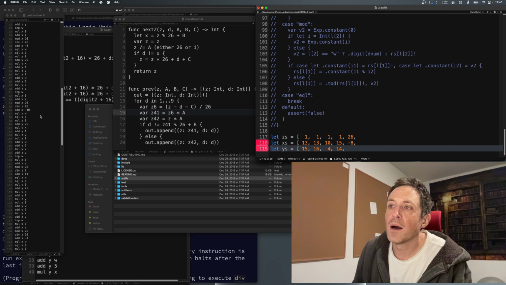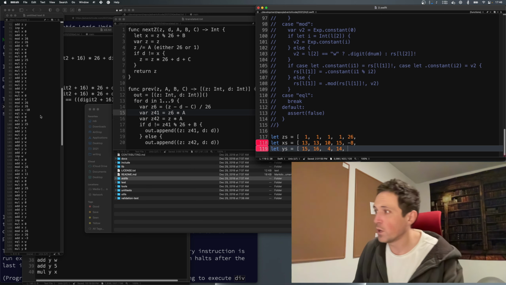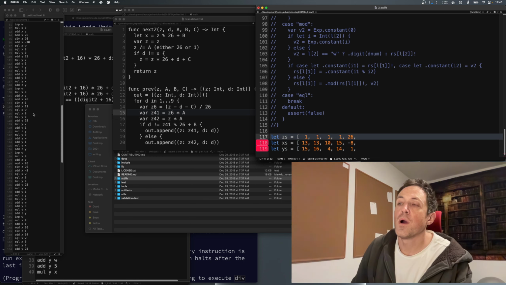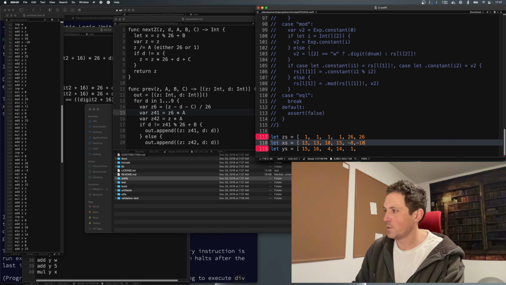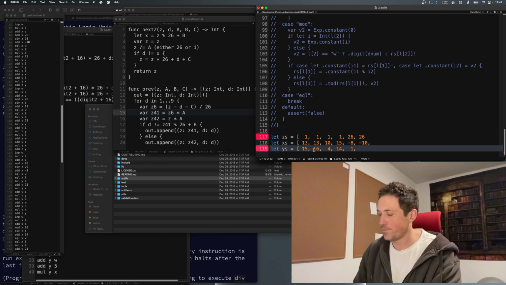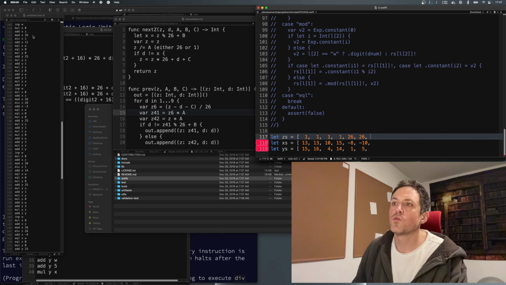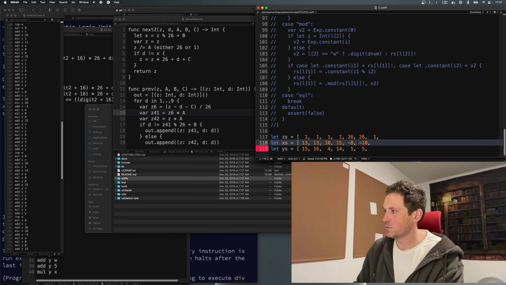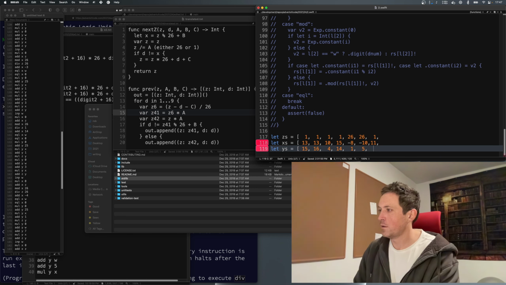Negative 8, 1. 26, negative 10, 5. 1, 11. 1, 5, 1.